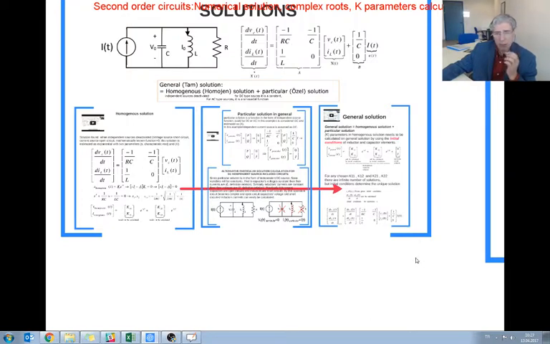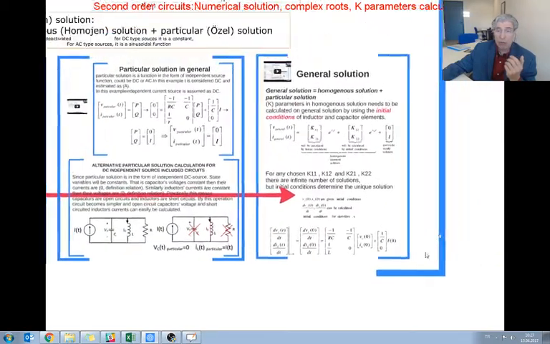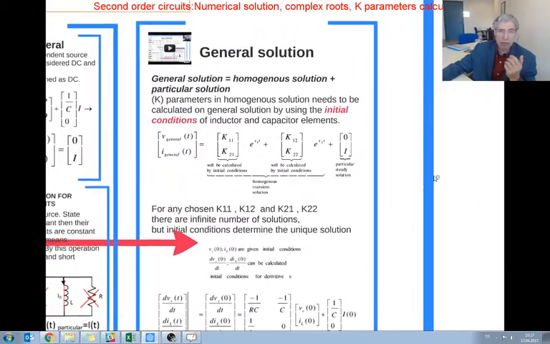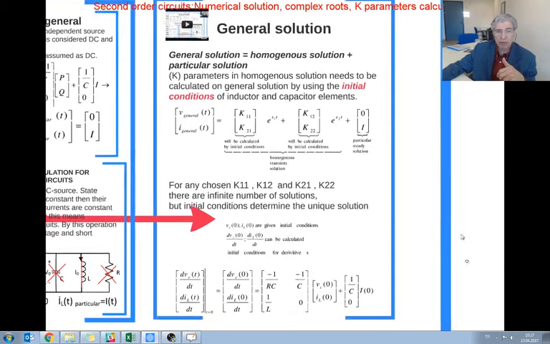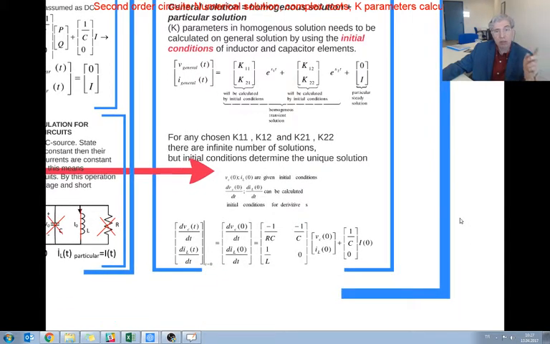And what we said at the end on the general solution, we are going to calculate 4 K values, parameters here, and we've got 2 initial conditions. That's not enough, but we explained that we can find the state variables' derivatives initial conditions by using the state equations we explained here.